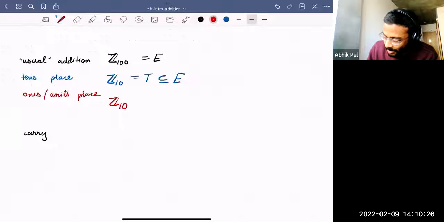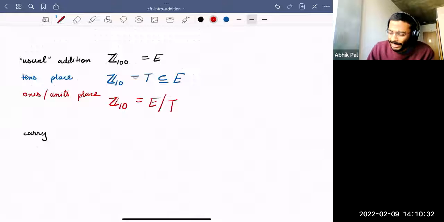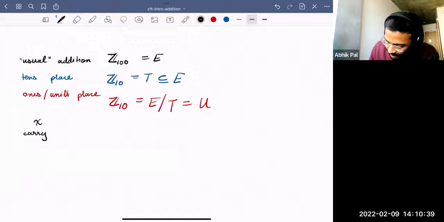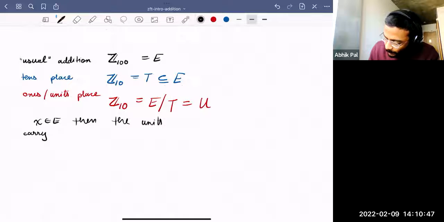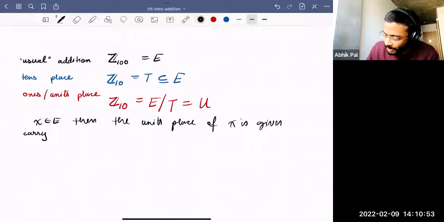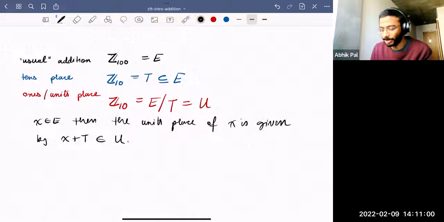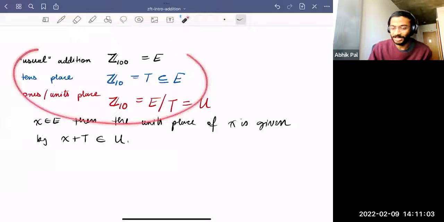So maybe it's better to think of this as the quotient of E by T. And this is not too bad, because if I have any x in E, then the ones place or the units place of x is given by the coset x plus T inside my group U. So this is a reasonable sort of setup to work with.